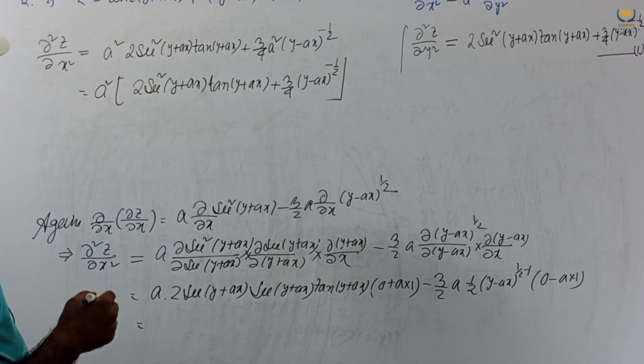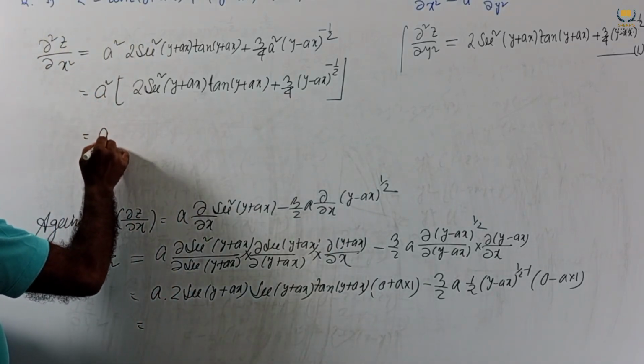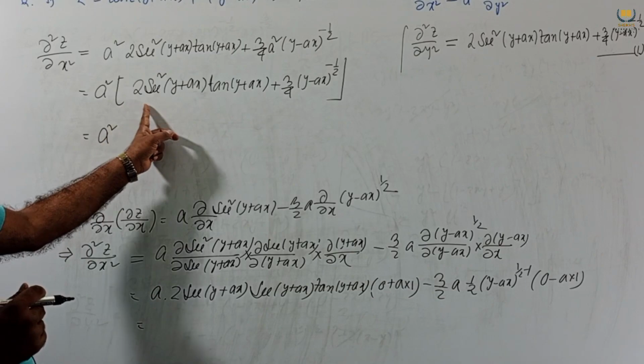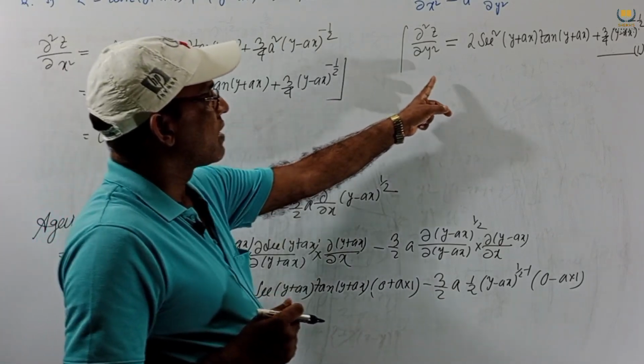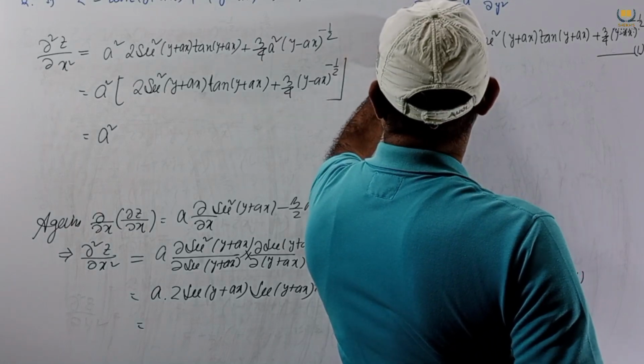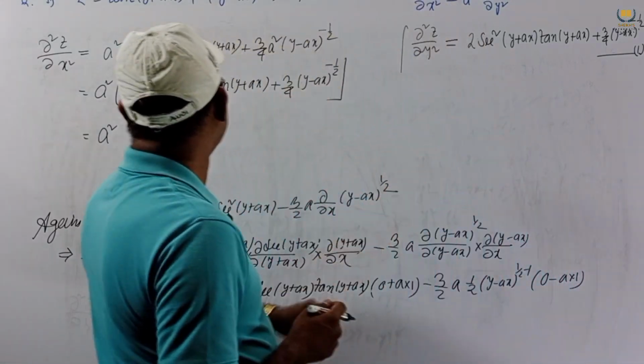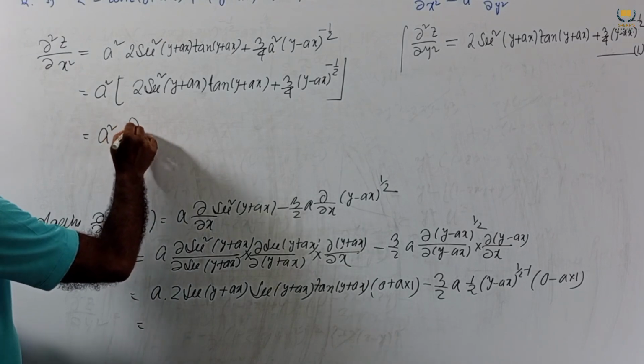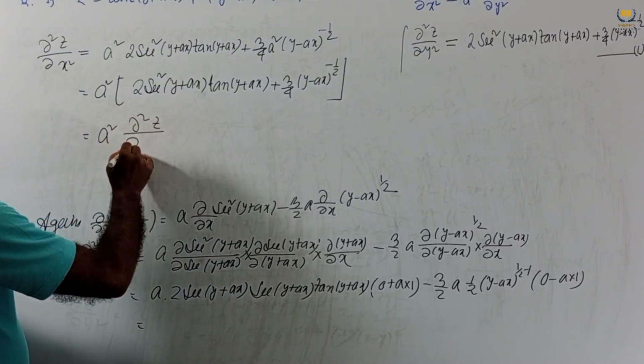We get this one. This will be a², and this whole we can write as ∂²z/∂y². So this is ∂²z/∂x².